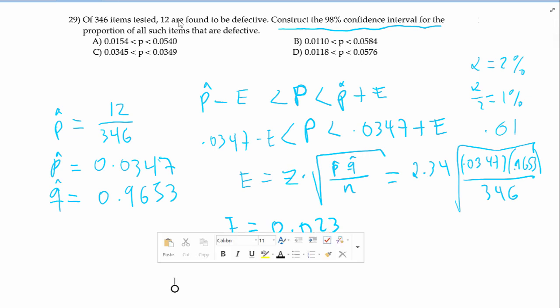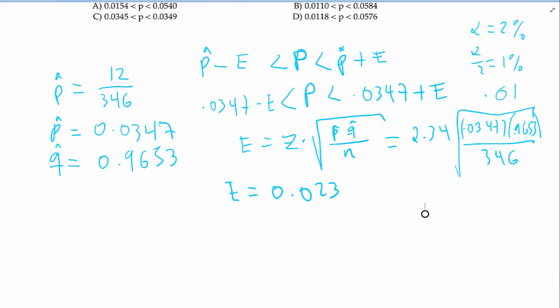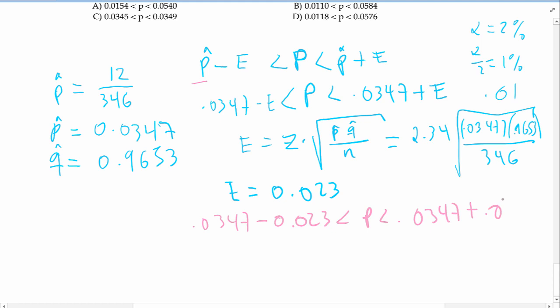After all these calculations, let's find the interval finally. We have 0.0347 minus 0.023, and 0.0347 plus 0.023.